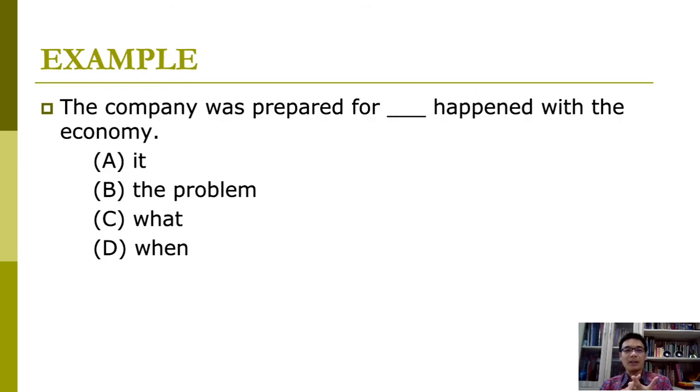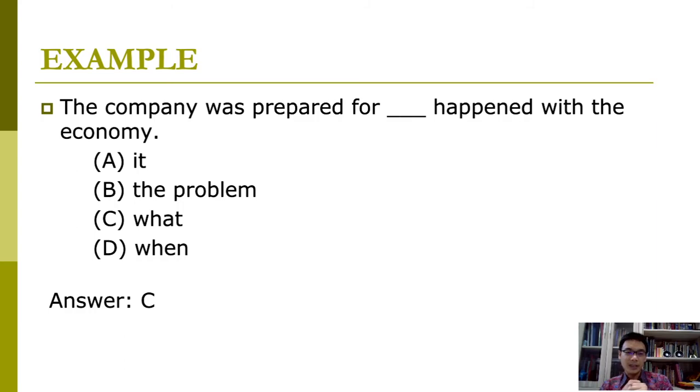To make it balanced, we need another subject and connector. Let's see the options. Option A and option B both only provide subjects, but no connector. Option C will be the answer.